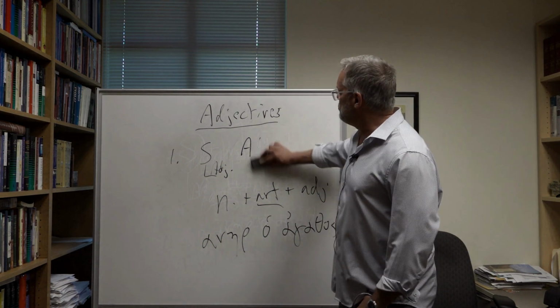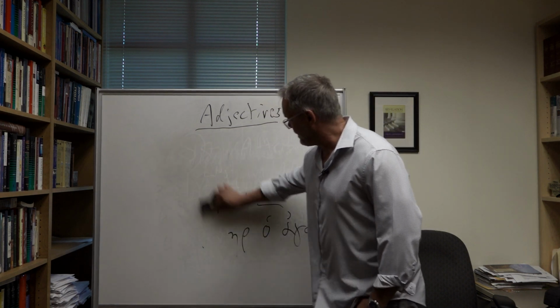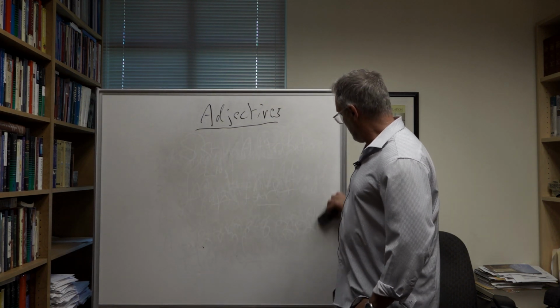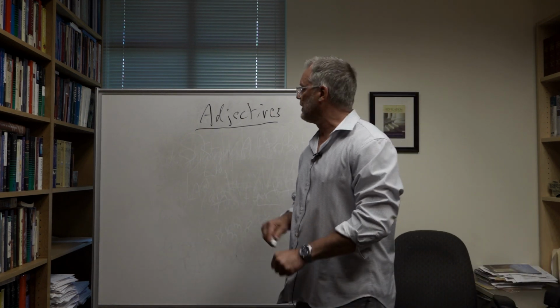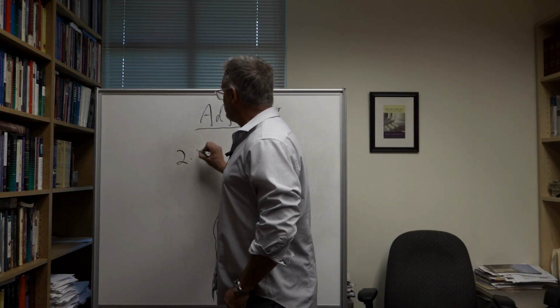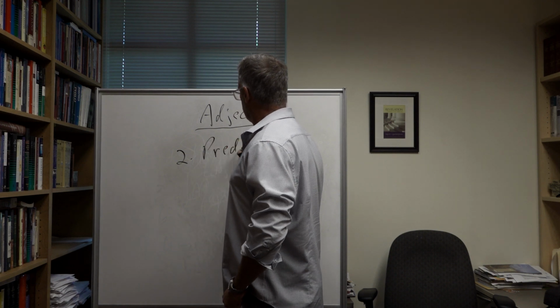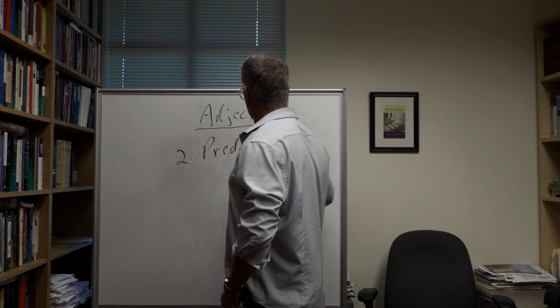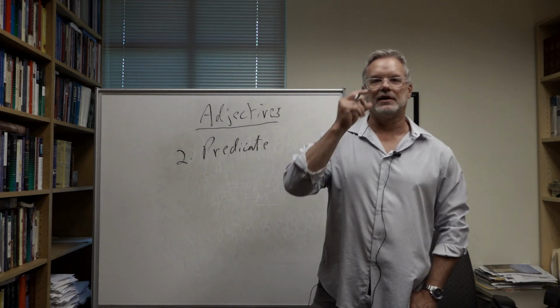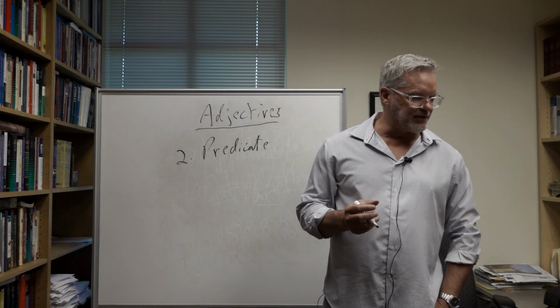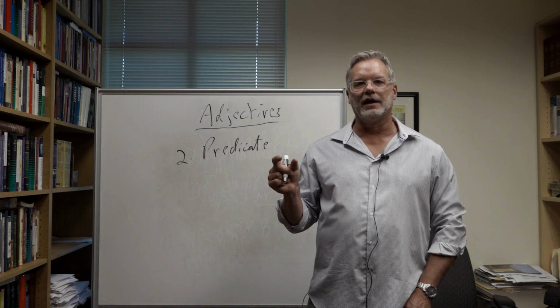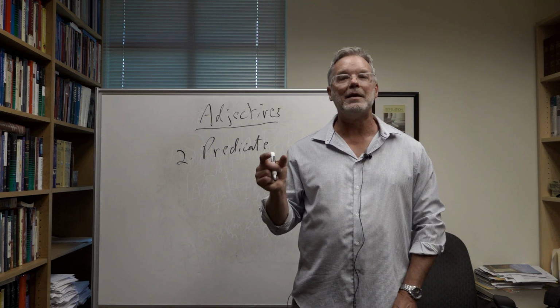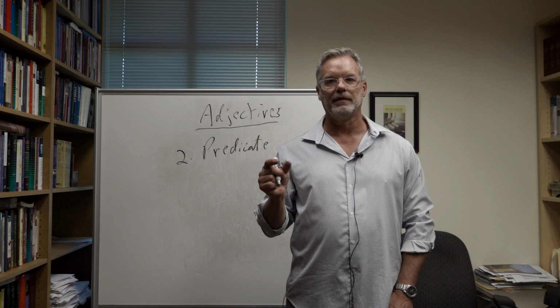A second use of the adjective is what is known as the predicate use. The predicate use of the adjective. And in this case, the key to identifying it is the adjective will not be preceded by the article.